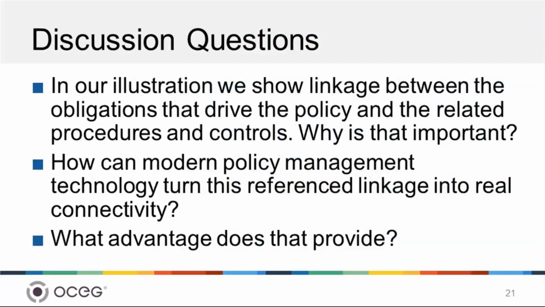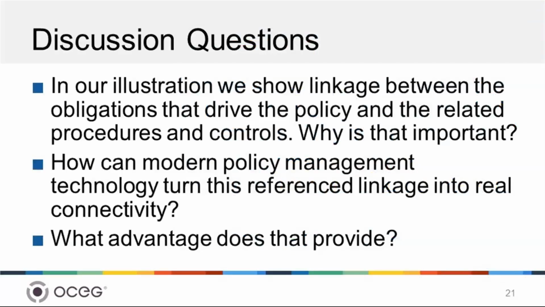Okay, so in the illustration, we show a linkage between obligations that drive the policy and the related procedures and controls. We want in the template to have that statement about what the obligations are. And by obligations, we might mean a regulatory requirement, or we might mean an internal statement of an obligation.